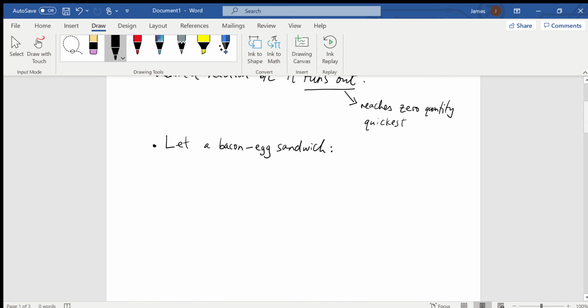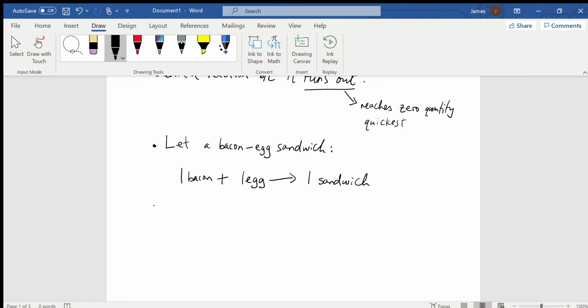My bacon egg sandwich is going to have one bacon and one egg. And if I want to make my perfect bacon sandwich, that's going to make one sandwich. One sandwich. Okay, so that's my perfect bacon egg sandwich in this analogy, at least.